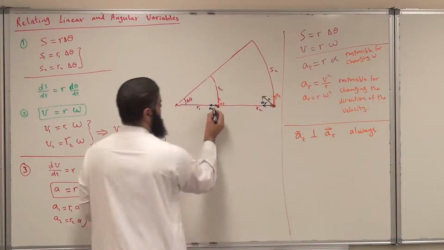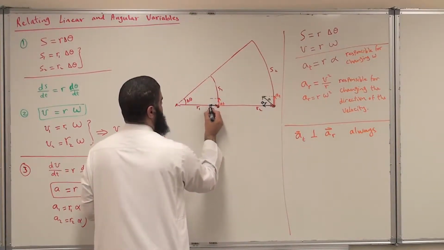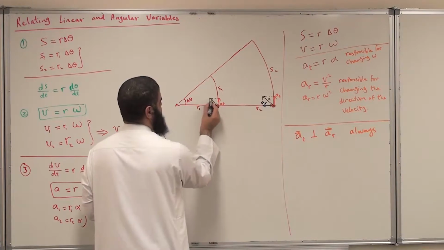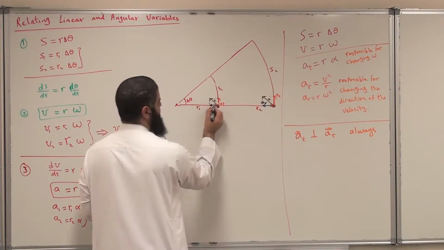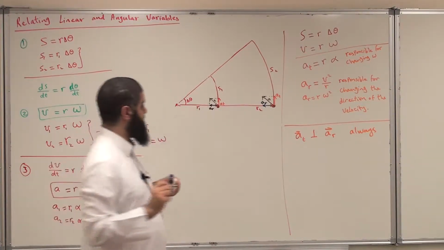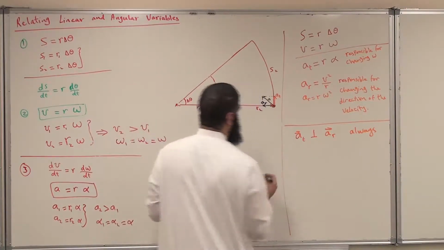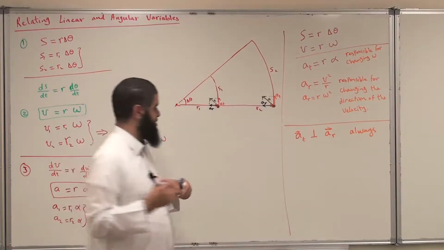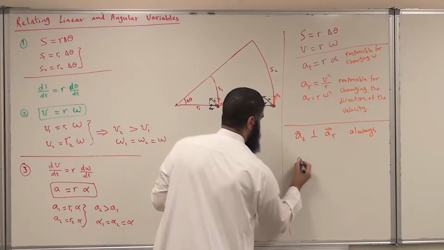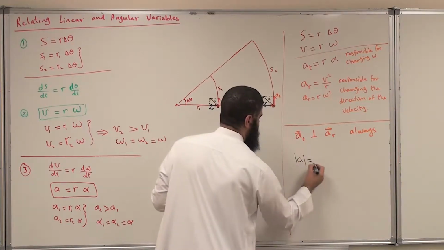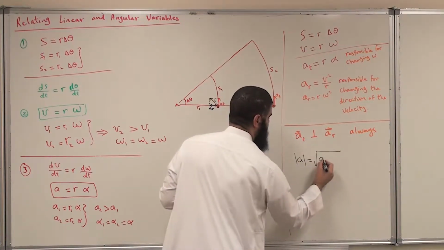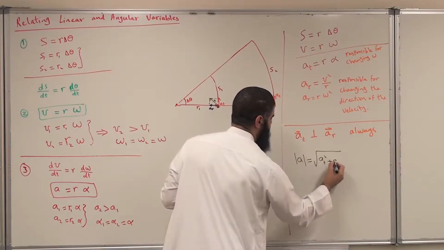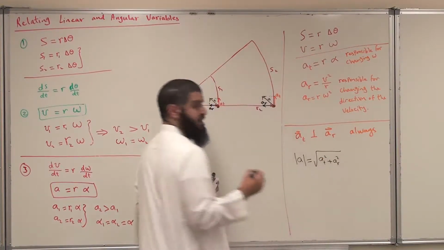Okay, for this point, this will be its resultant acceleration, and not necessarily that they will be the same. Okay, and from Pythagoras, we can say that this acceleration has a magnitude of square root of A tangential square plus A R square.